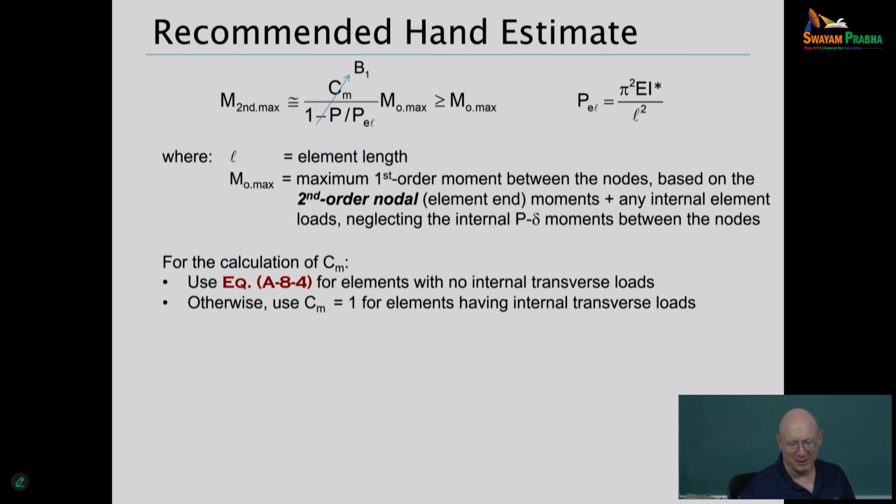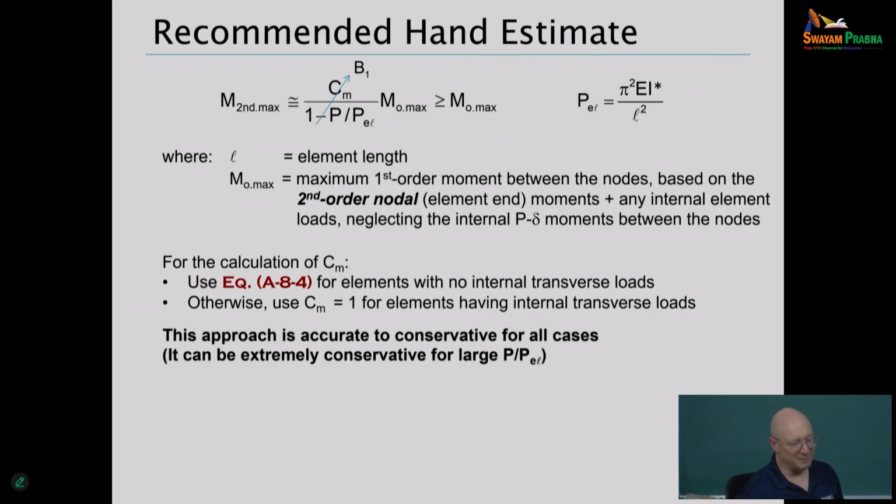Now for the calculation of Cm here, if you don't have any transverse loads, we can use the 0.6 minus 0.4 M1 over M2 formula that I showed you earlier. Anything else, we just use Cm equals 1, the general recommendation I showed you earlier. This can be accurate for special cases.